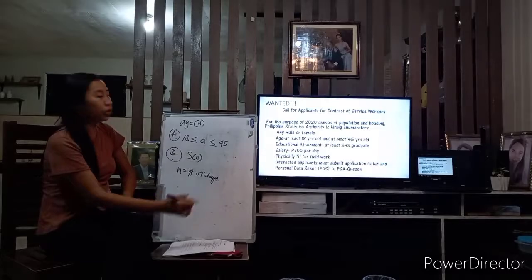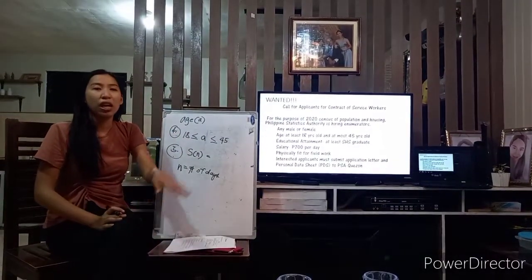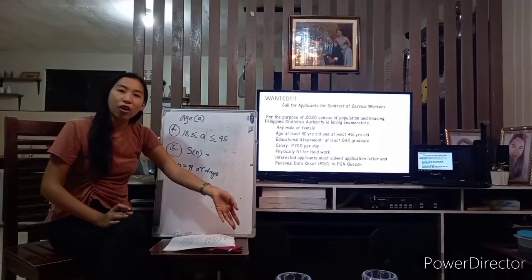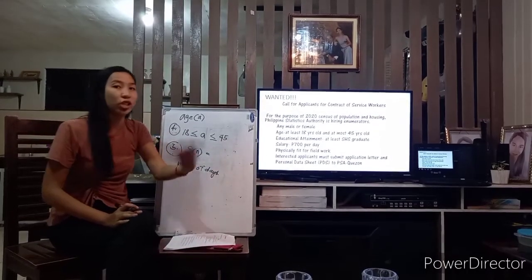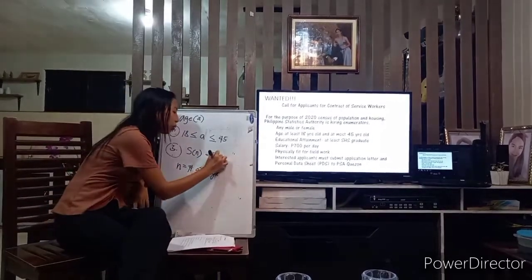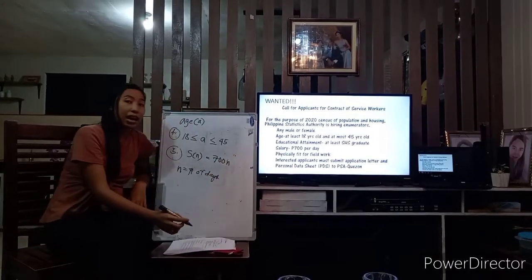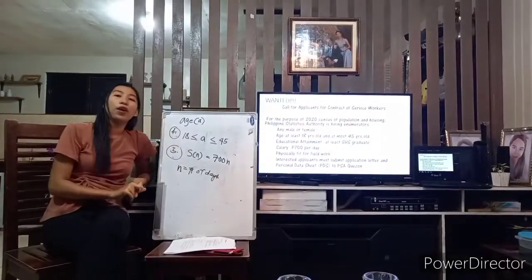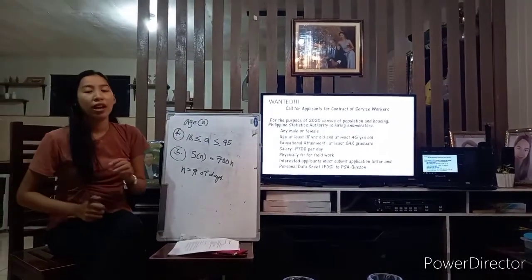What we're going to do is just multiply. The number of days you worked multiplied by your salary per day gives your total salary. So that is going to be 700 multiplied by N. That is how you answer question number 4 and number 5 for lesson number 2.